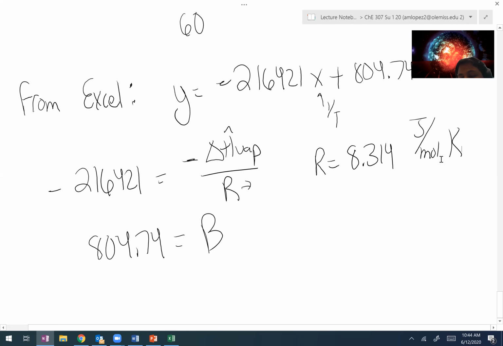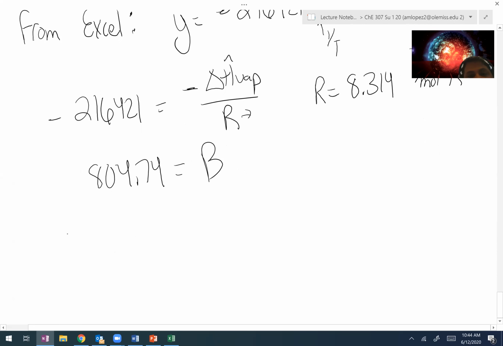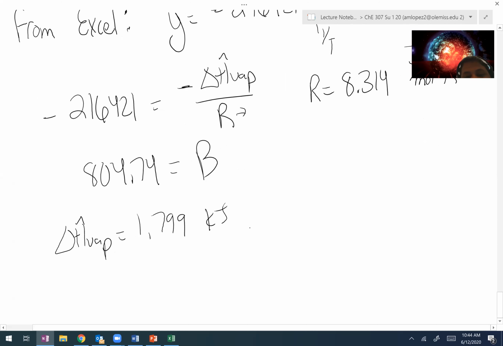Which from this, I would take the 216421 times 8.314, and then I would divide it by 1,000 because that number is fairly big. And then that would tell me my delta H vap is equal to 1,799 kilojoules per mole, since I divided by 1,000.